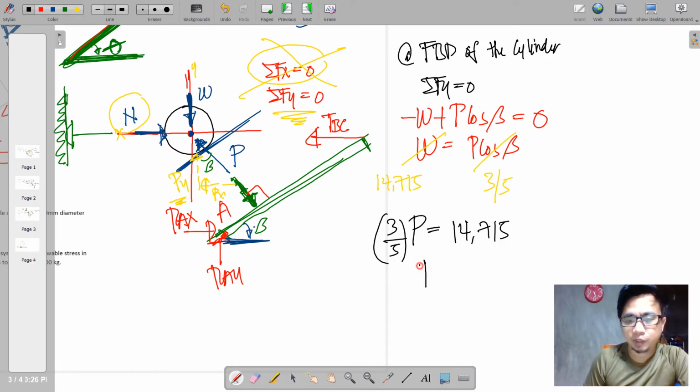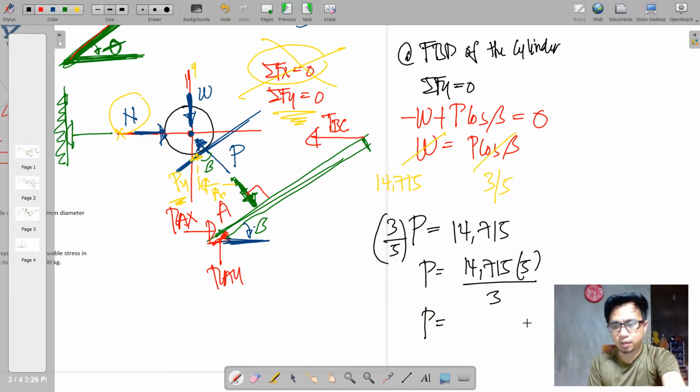So P, simply by cross multiplication, is 14,715 times 5 all over 3. So P is 24,525 newtons. So what will be the next step?